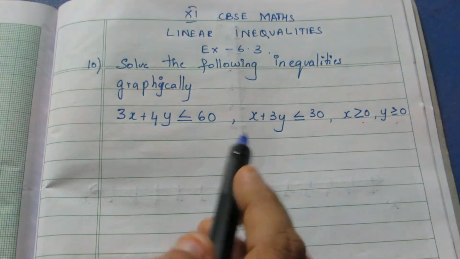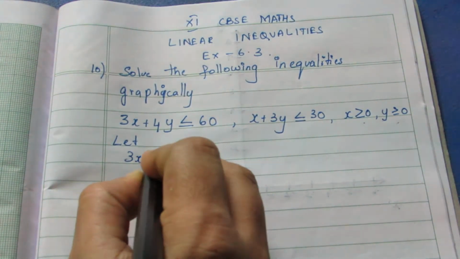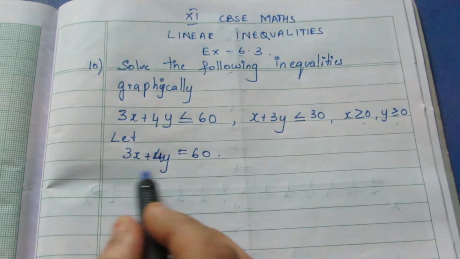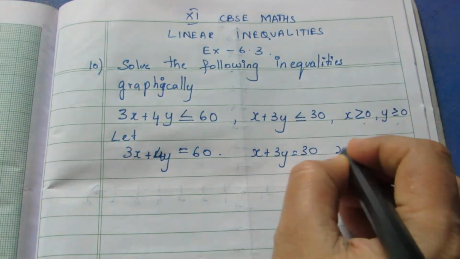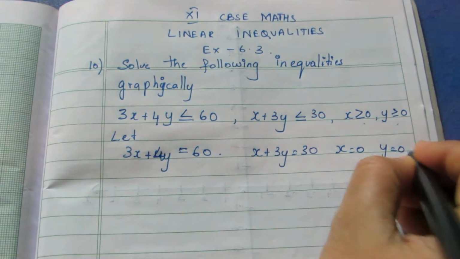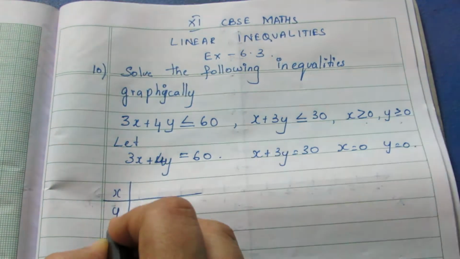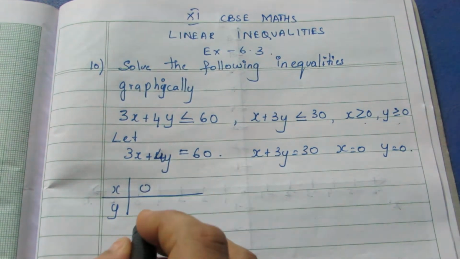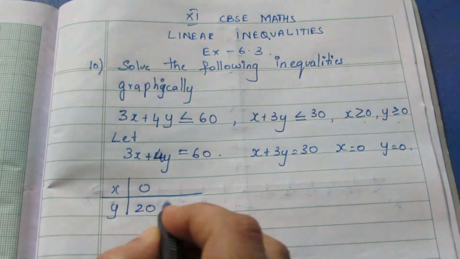So we are going to take this inequality as an equation, 3x plus 4y is equal to 60. Here x plus 3y is equal to 30. Here x is equal to 0 and y is equal to 0. Substitute the value of x and find y. If I substitute x to be 0, y will be equal to 20.